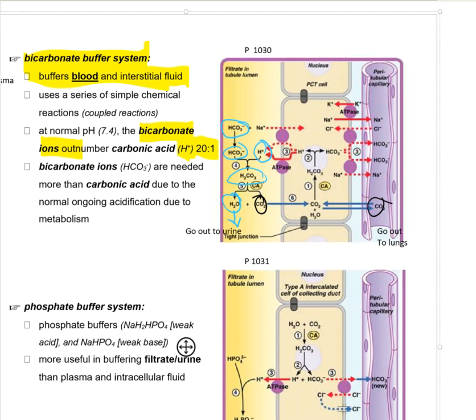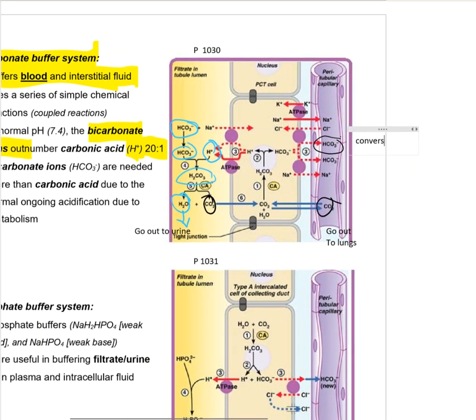So without going into all of this detail, I just want to show you that we used a bicarb here. We bring back a bicarb, all right? And so as a result, there's the one that we bring back. As a result, we conserve the 20-to-1 ratio. Okay?